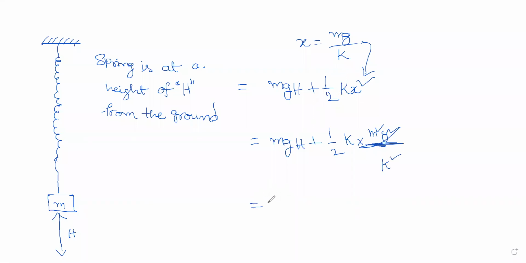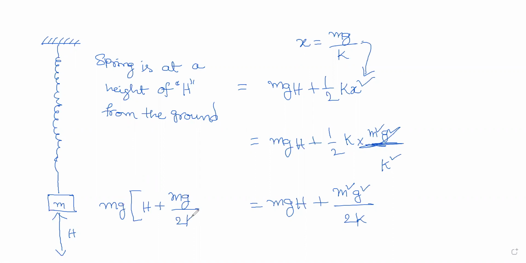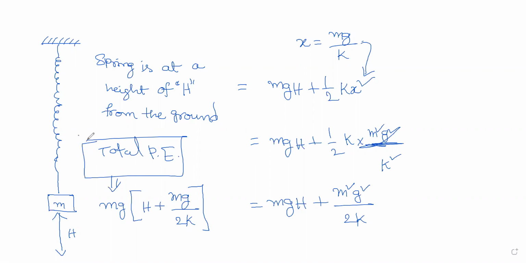So you have mgh plus m square g square divided by 2k. This is what you get. Now mg, if you take common, you get mg into h plus mg by 2k. So this is the total potential energy.